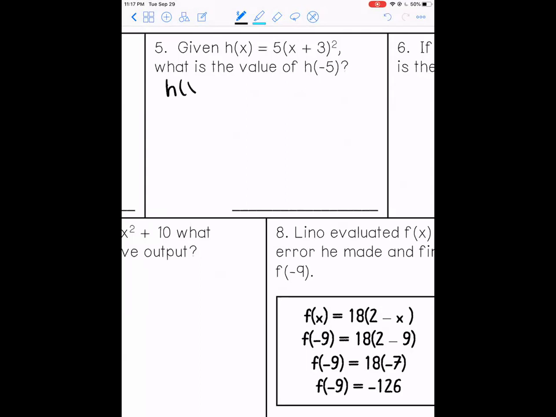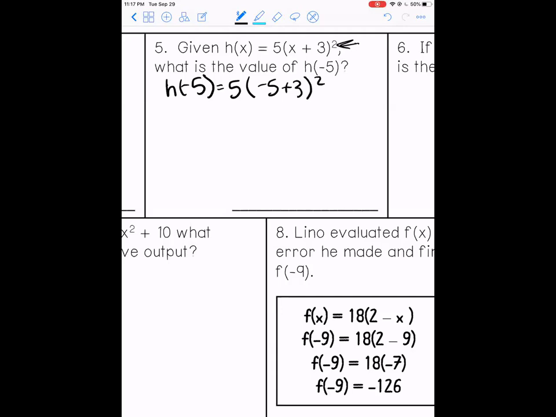So h of negative 5 equals 5 times negative 5 plus 3 squared.